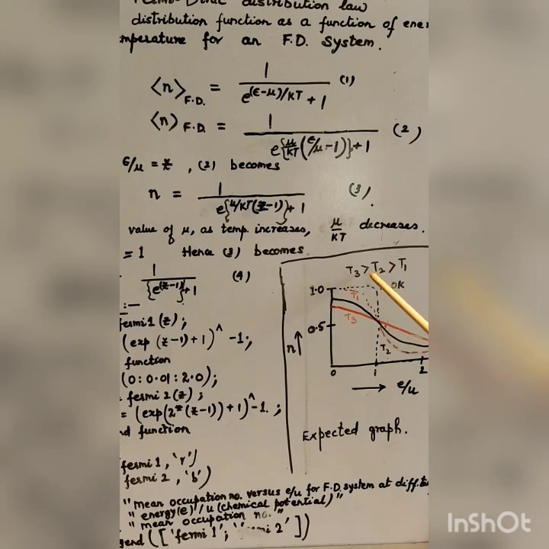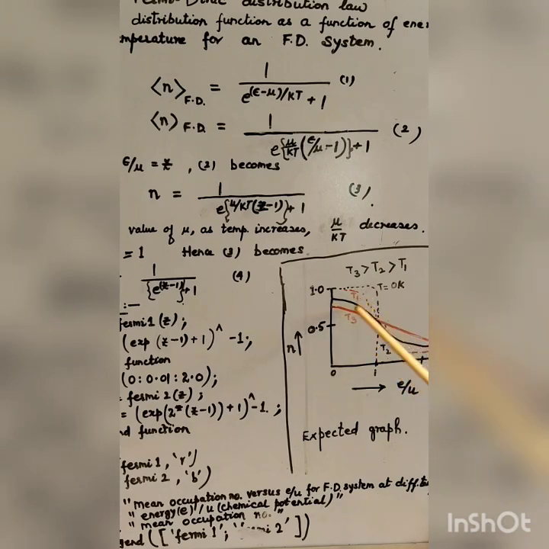Right? Now as you go on increasing the temperature, the graph becomes winding like a river. So if I increase from T to T1, this is the red dotted graph. It goes like this. And if I go on increasing to T2, actually this T2 should have been here, then we get this black graph.